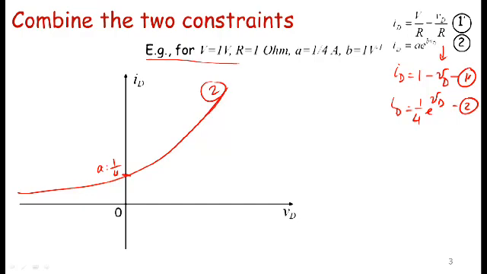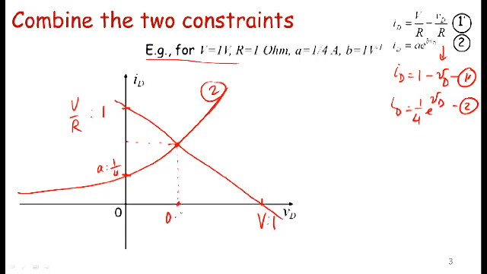Then let me plot equation 1 prime, and as you recall, that looked something like this, where the VD intercept was V and the ID intercept was given by V divided by R, and in this case both were 1. So those are my two curves, and here's the point where the two coincide. Then I just have to find the values of ID and VD where they intersect.